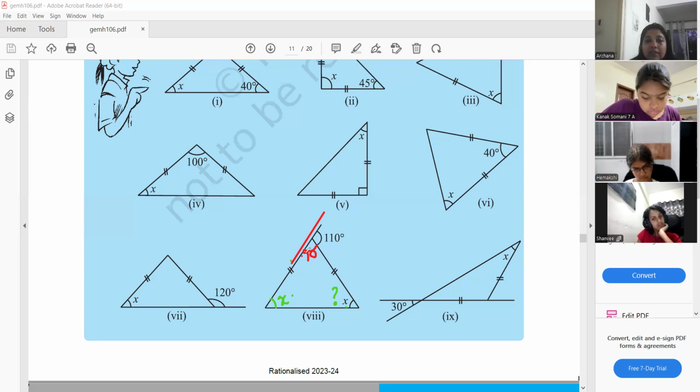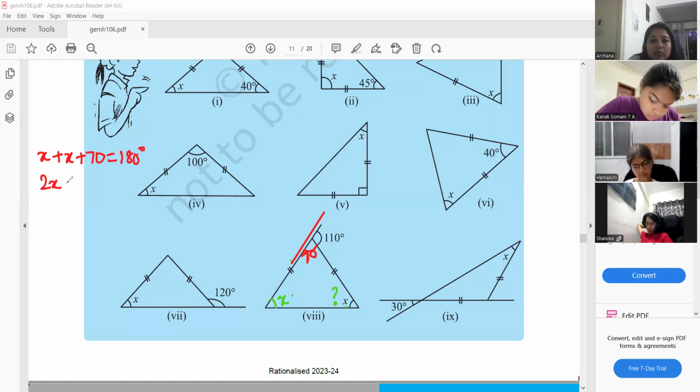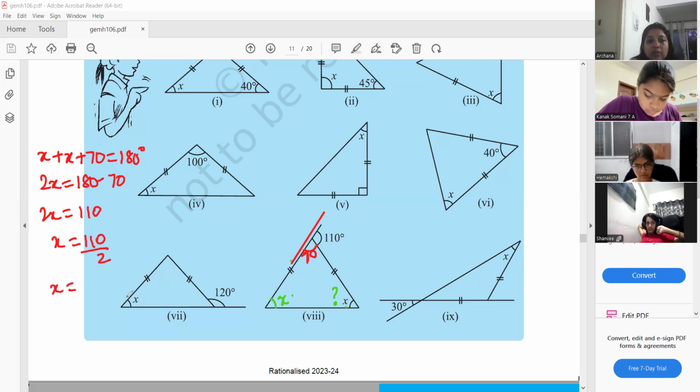So if this is 70 degrees, you can form an equation. X plus X plus 70 is equal to 180 degrees. 2x equals 180 minus 70. 2x equals 110. X equals 110 upon 2. X equals how much?